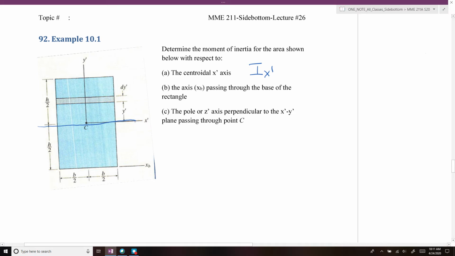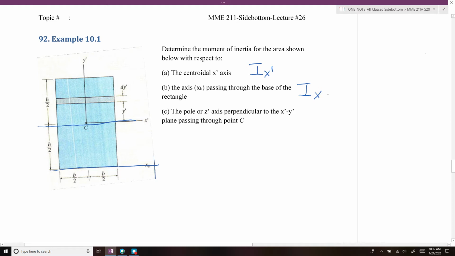Then in the second part of the problem, we're going to determine the moment of inertia about the base of our area, which we'll call I of x.